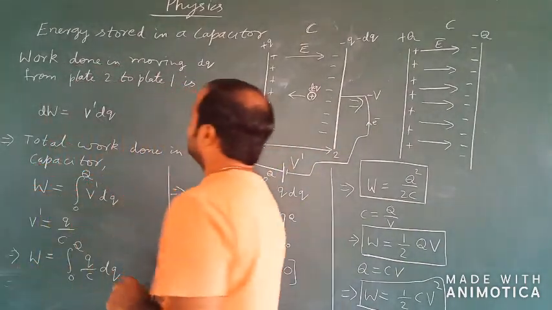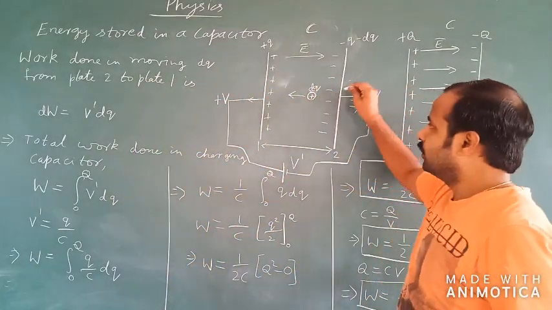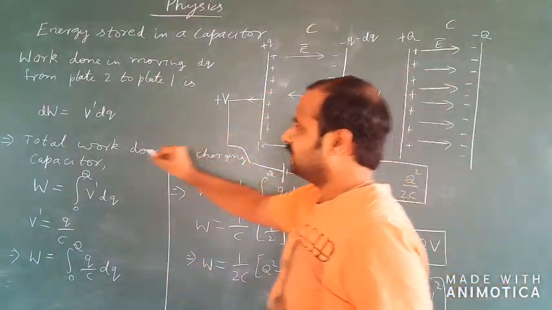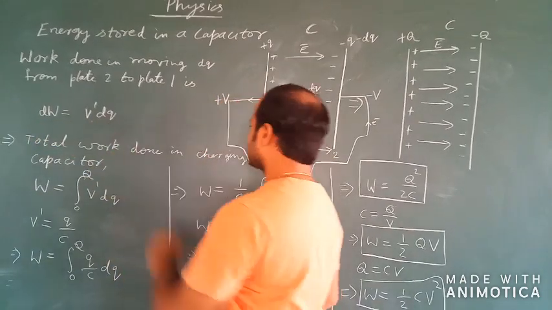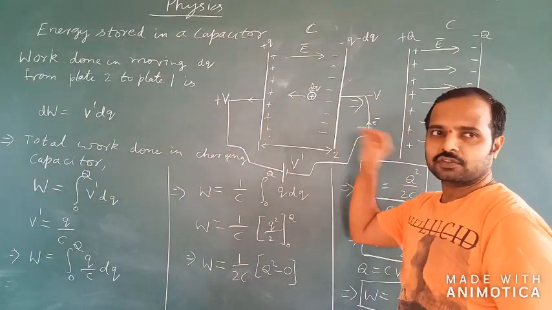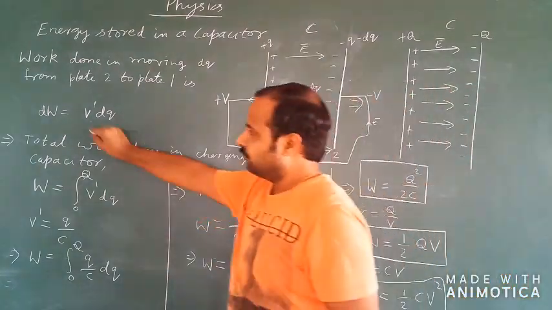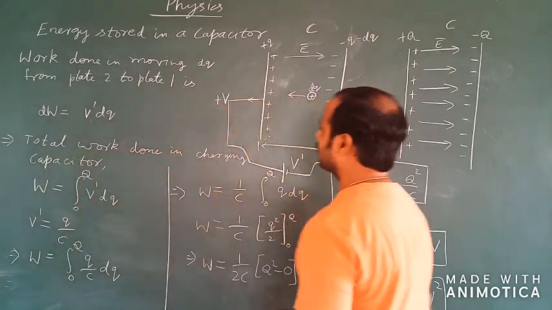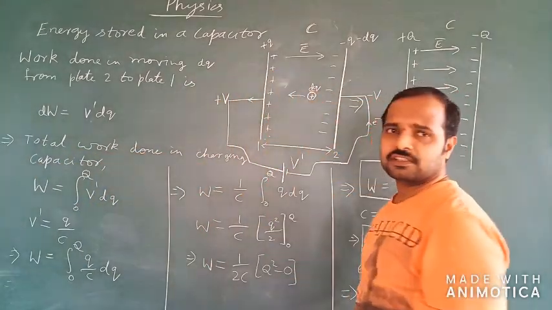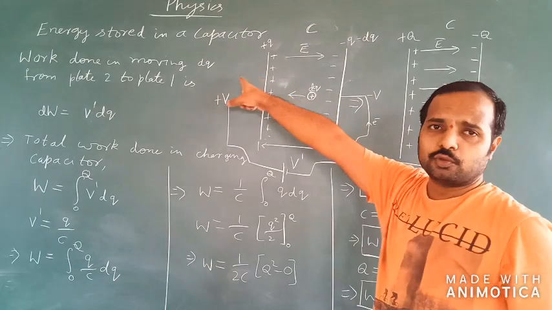The work done in moving this charge dq from plate 2 to plate 1 is given by dW equals V' dq. Here V' is the potential difference between the two plates of the capacitor. This is only for one small charge moving from plate 2 to plate 1.